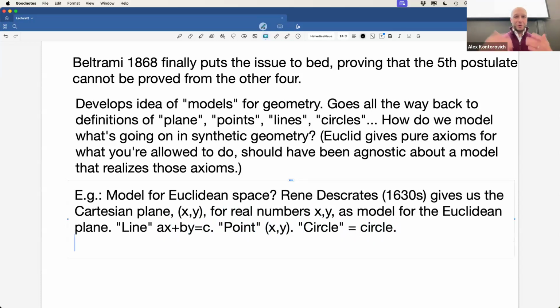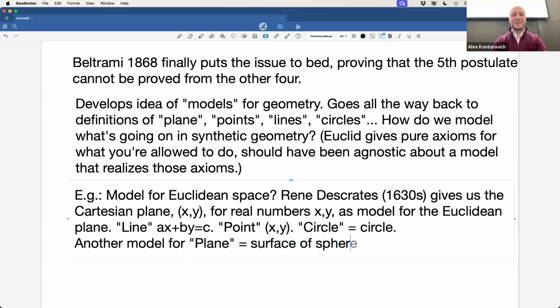How about in spherical geometry, which we already saw? How about on the sphere? Here's another model. Another model for a plane is the surface of the sphere. What is a line in this model? We already discussed. Yeah, a great circle.